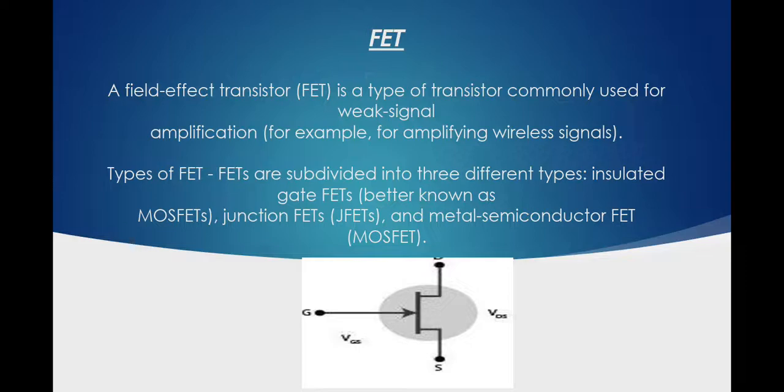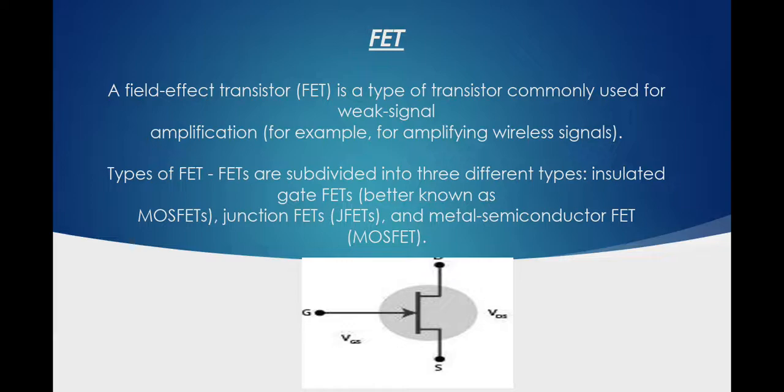What is FET? First of all, FET's full form is field effect transistor. It's a type of transistor which is commonly used for weak signals. It's not used for strong signals. For example, in an amplifier, FET is used.